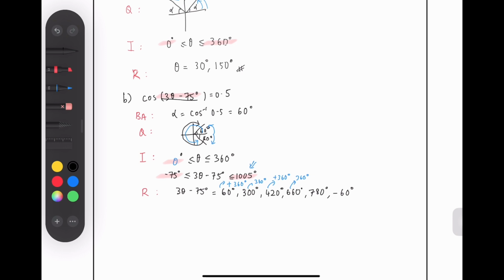Then we add 75 to each one of them and divide by 3. You're going to get the final answers of 45, 125, 165, 245, and 285 degrees.